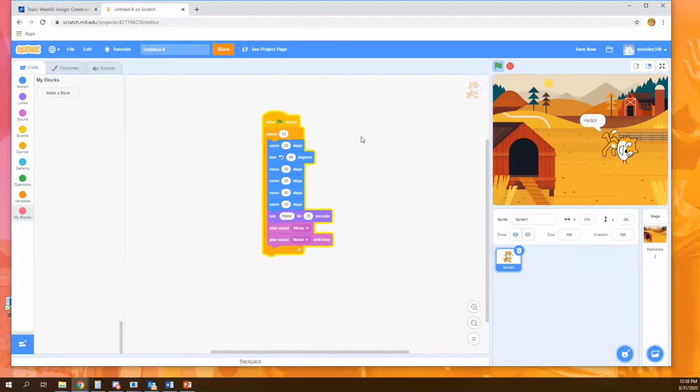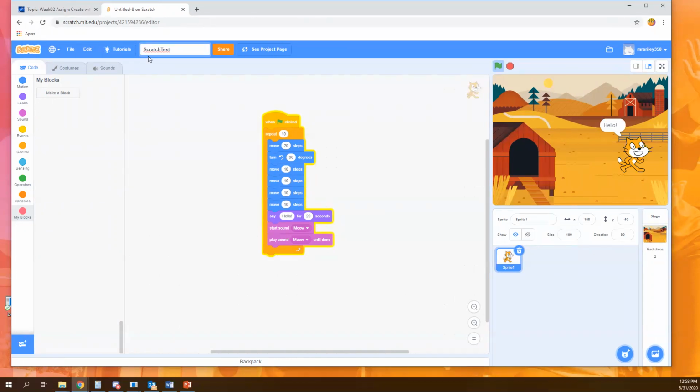Now, really important before I can share it with the rest of the class, it's best to give it a name up here. Mine says Untitled 8. I'm going to name it. Whoa, see? Stop it, you stupid thing. I'll name it Scratch Test.